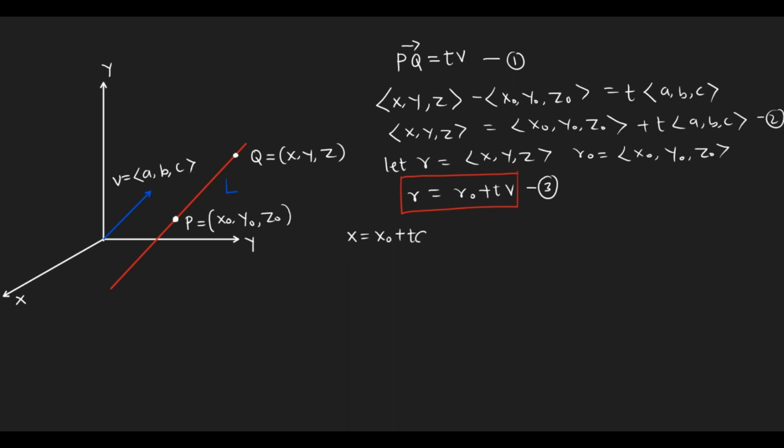Then y is equal to y naught plus tb, and z is equal to z naught plus tc. What you have here are the parametric equations of the line.